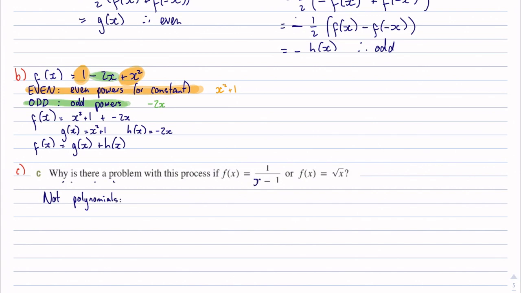So this is 1 on x take 1, by the way, and this is root x. So the powers of x aren't even or odd. So we can't say straight away, easily, if this will come out as even or odd. That's the only difference.